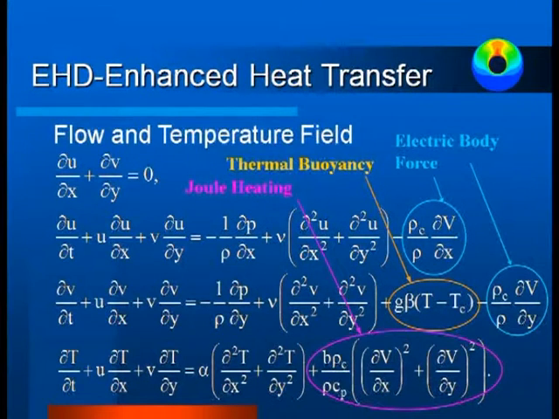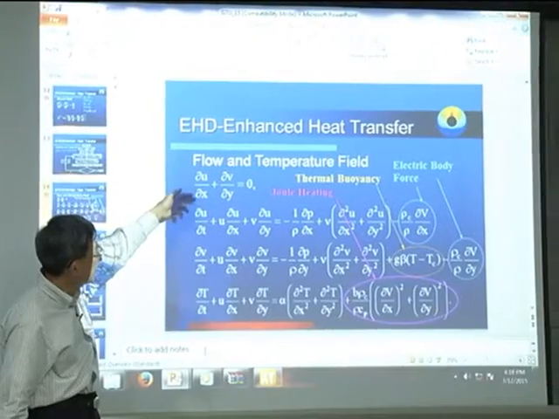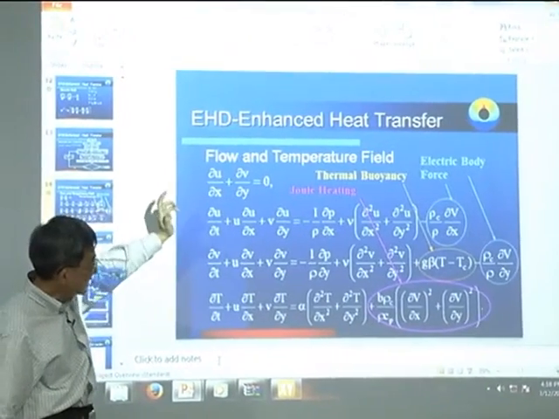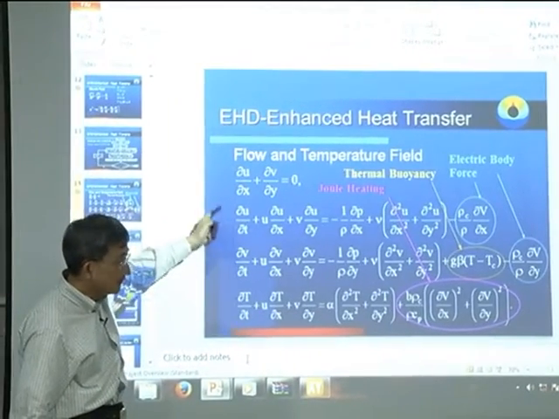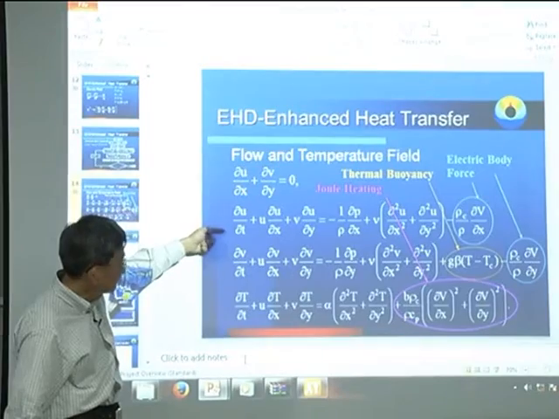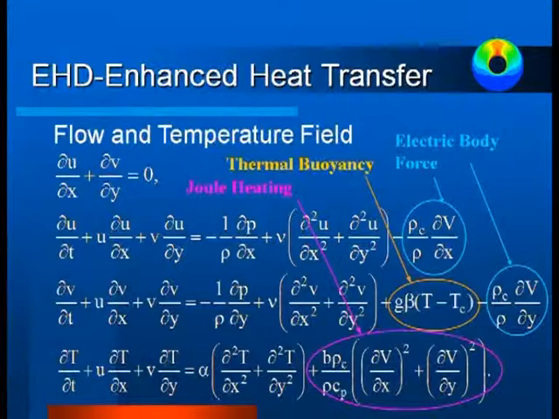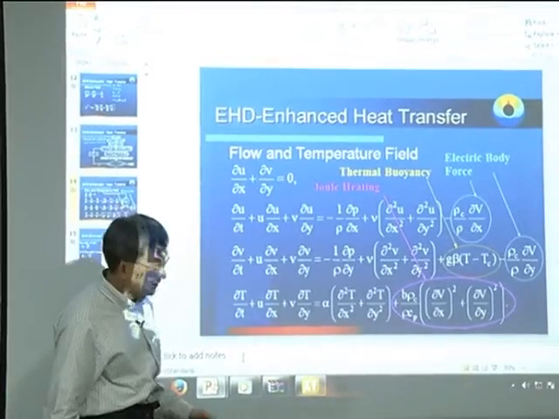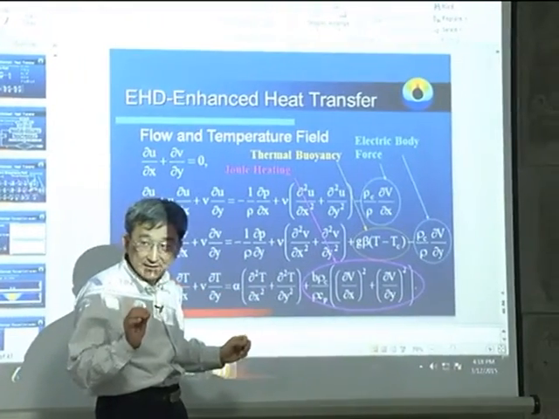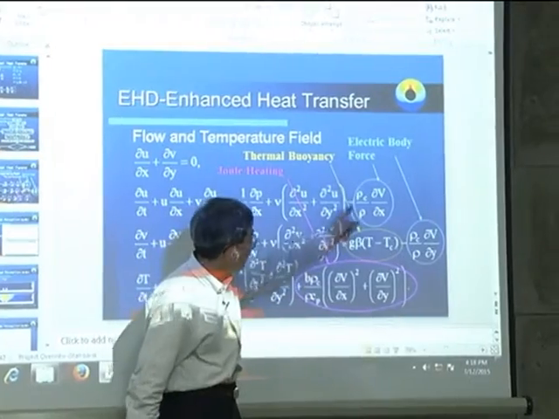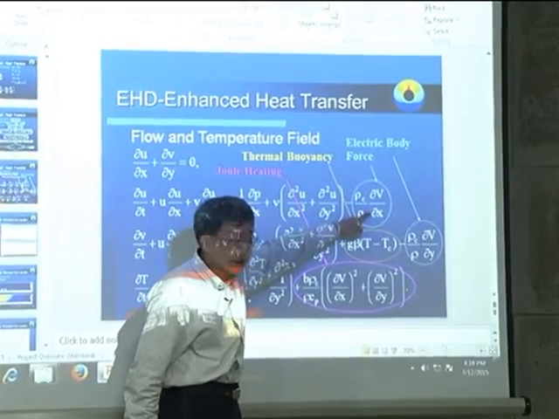So for the flow and the temperature part, you all know that this is a two-dimensional equation: continuity, the momentum equation in terms of Navier-Stokes, and the energy equation. The additional term is here, because in this EHD study we have to add this electrical body force.